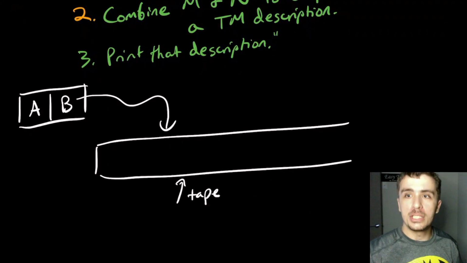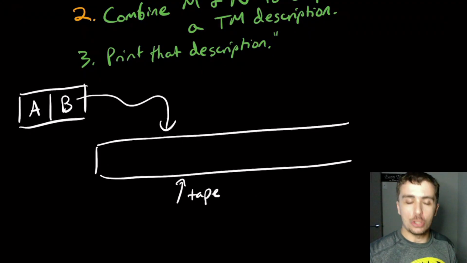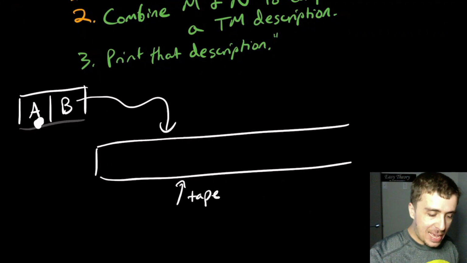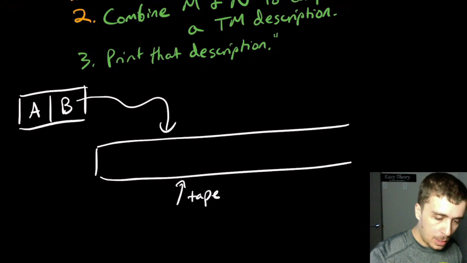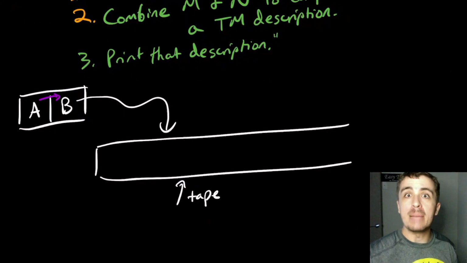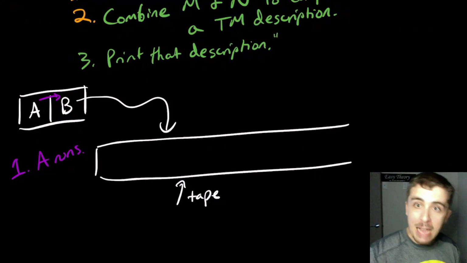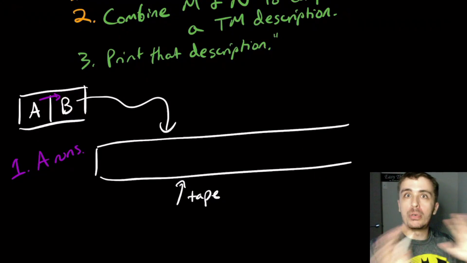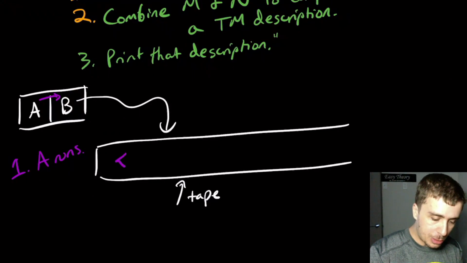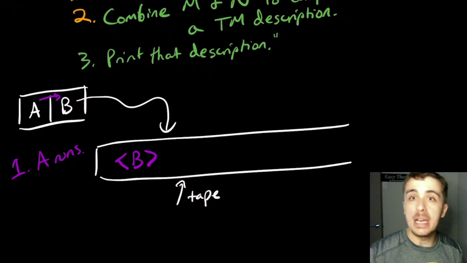Okay, so here's a schematic of what's actually going to happen. We have the A machine right here, and the A machine is going to feed into the B machine in a particular way. The first step is that A runs. A, remember, is this machine that just prints the description of B and nothing else. So the description of B is going to be on the tape at this point.